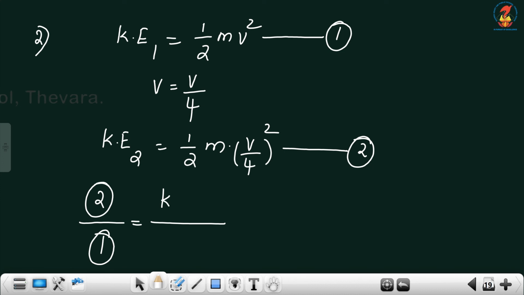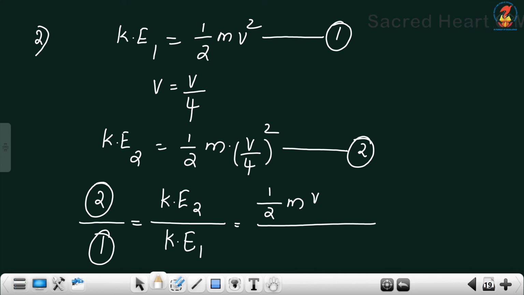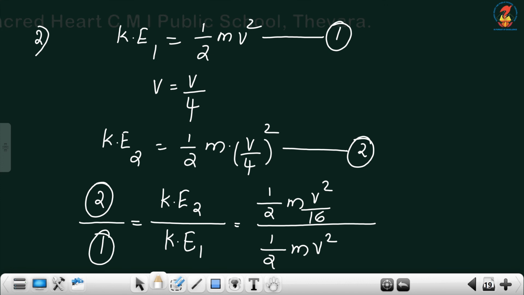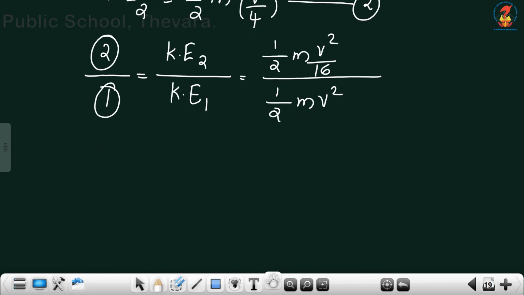That is kinetic energy in the second case divided by kinetic energy in the first case. That is half m v square by 16 divided by half m v square. Now, cancel it. Similar terms you can cancel. Half will get cancelled, m v square and m v square will get cancelled.